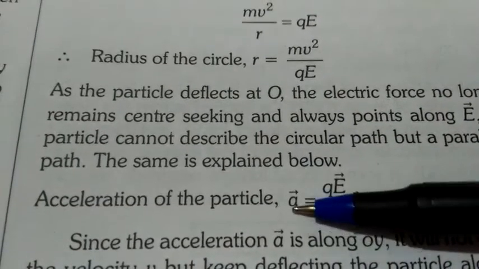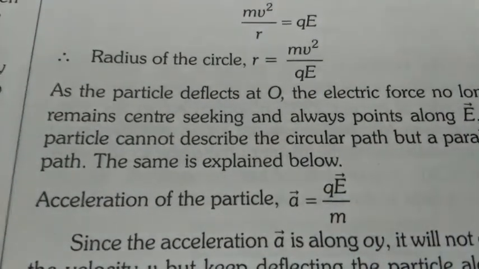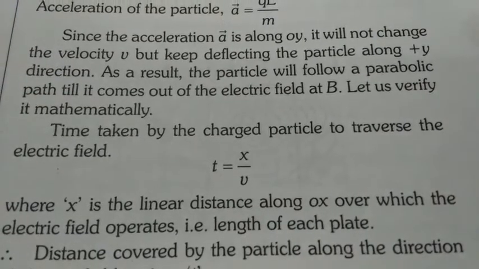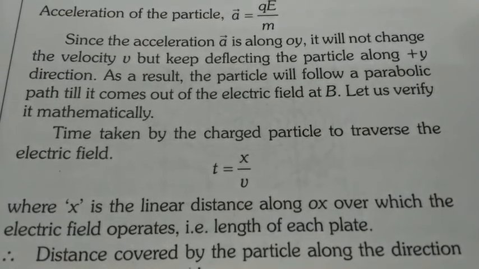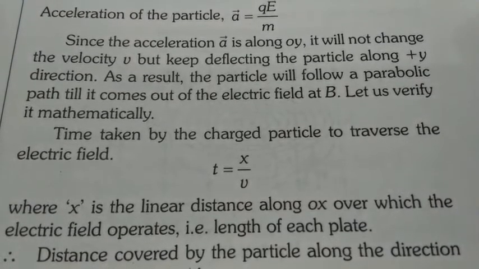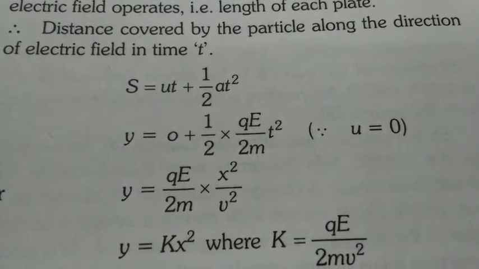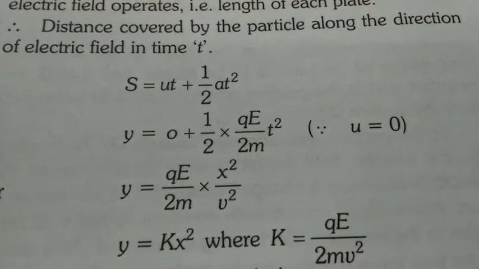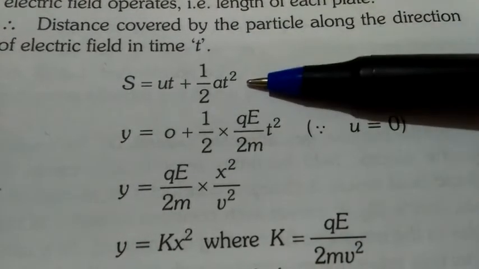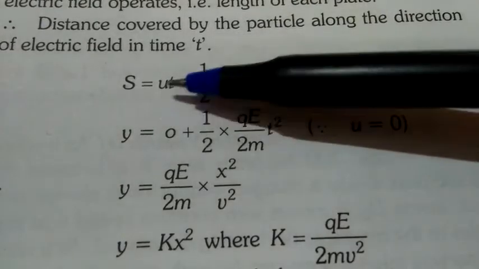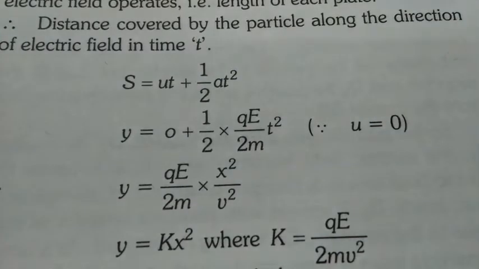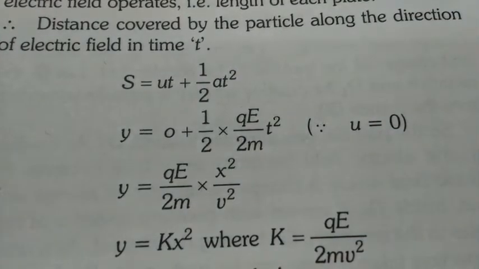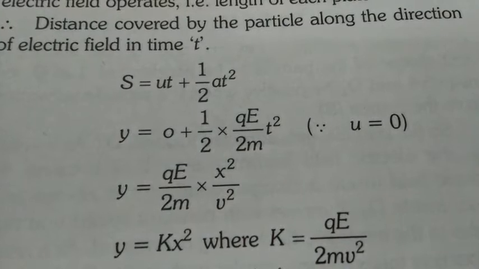Here the acceleration of the particle is given by qE upon m, and the time taken by the charged particle to traverse the electric field is given by t equals x upon v. The total distance covered by the particle along the direction of the electric field in time t is given by the second equation of motion. So s equals y we will take, because the particle is deflected in the y direction. The particle was already moving in the x direction, but because of the field it was deflected in the y direction.